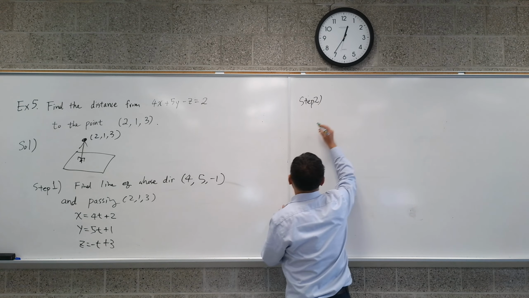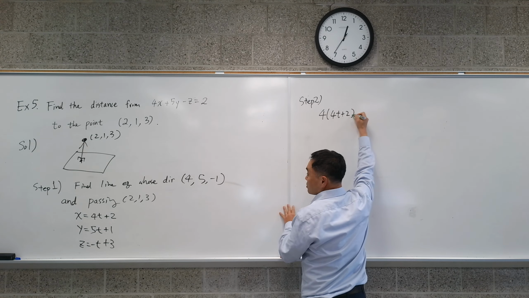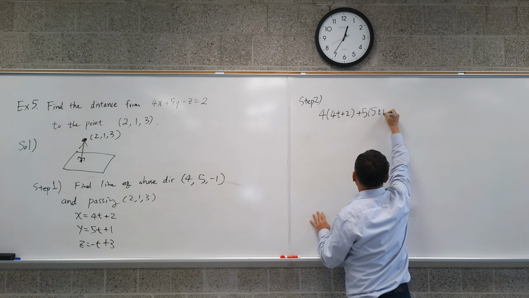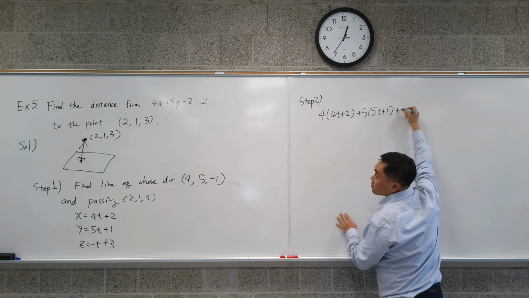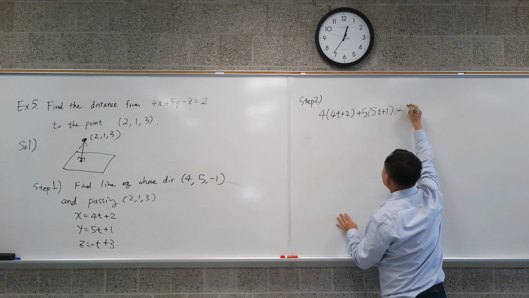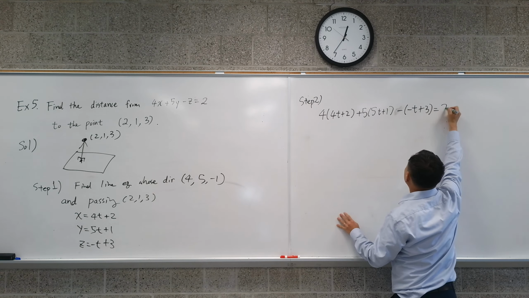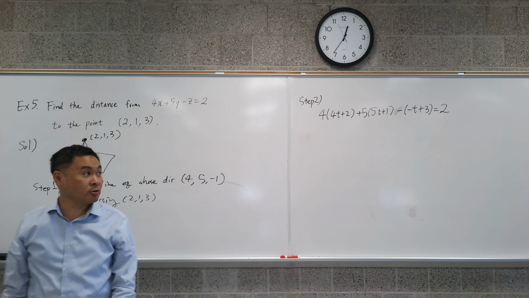Okay? So it's going to be 4 times (4t plus 2) plus 5 times (5t plus 1), and then minus (negative t plus 3) equals 2. Right? Should be equal to 2.